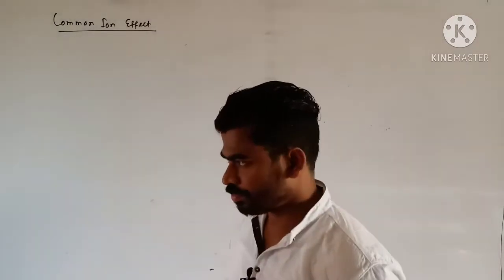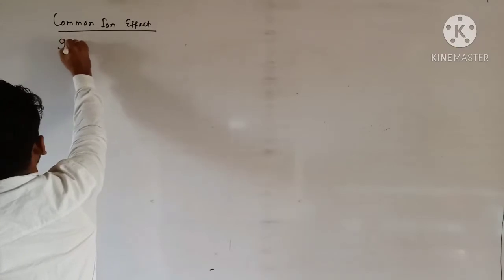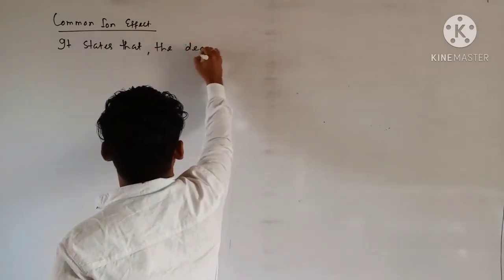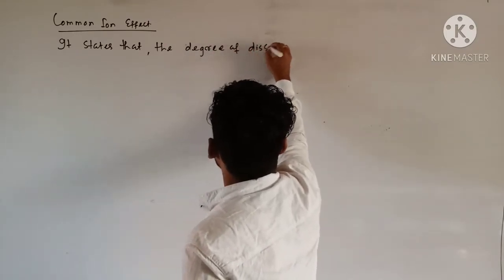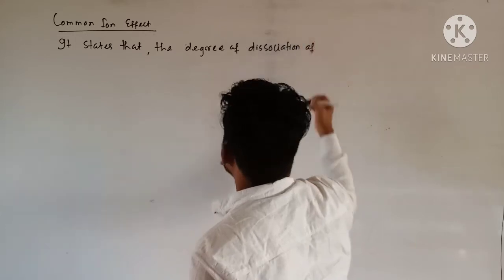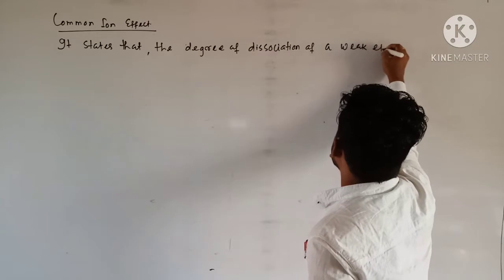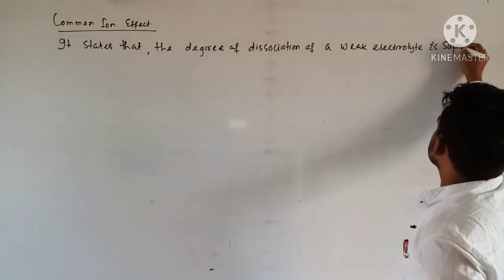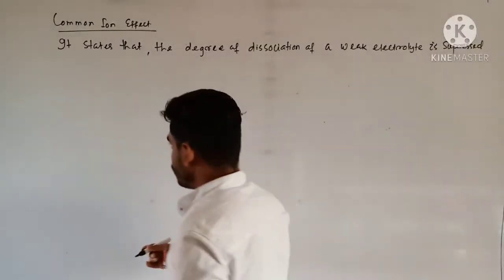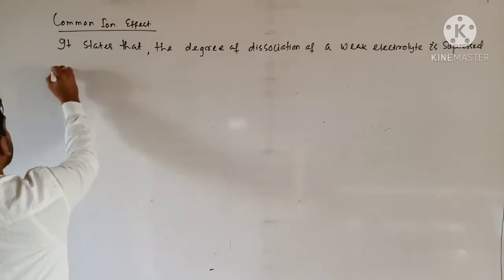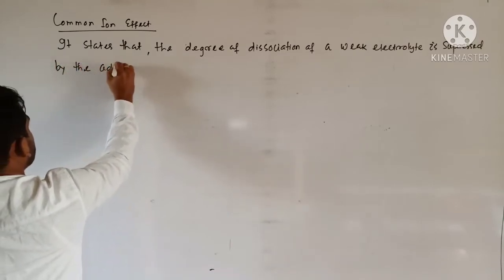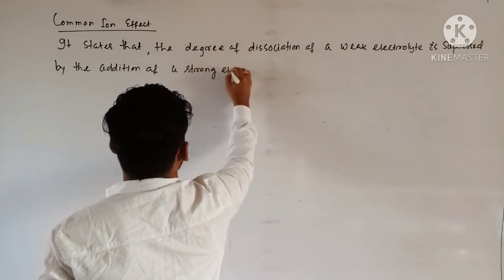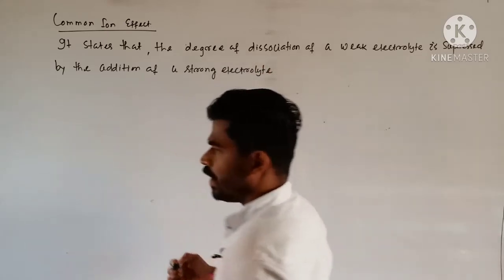So what does it state? It states that the degree of dissociation of a weak electrolyte is suppressed by the addition of a strong electrolyte having a common ion.